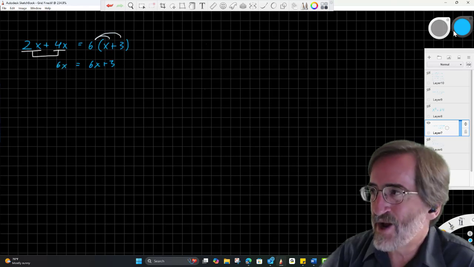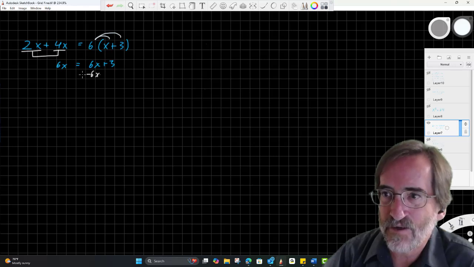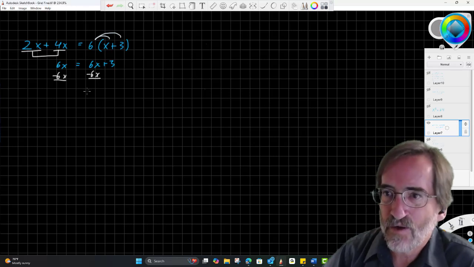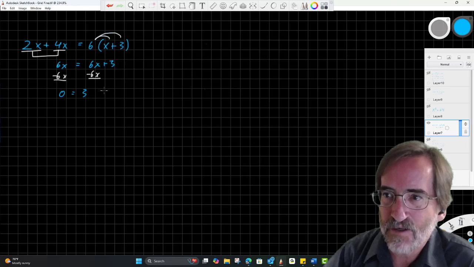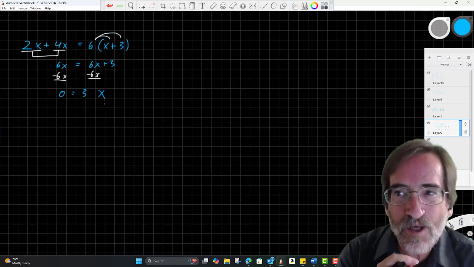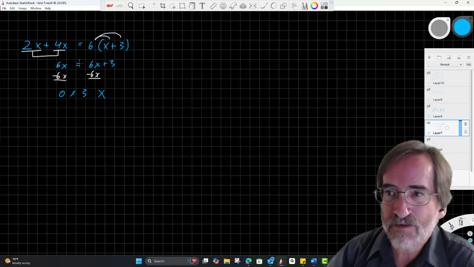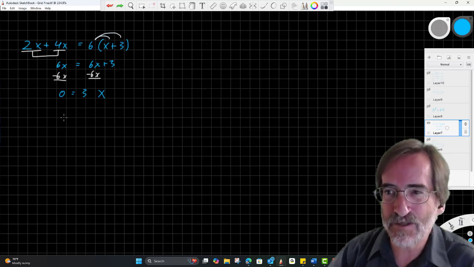And if I subtract 6x from both sides, which is a legal step here in solving equations, I get this equation. I get 0 equals 3, which is a false statement. Right? That's a false statement. That means this equation is false no matter what x is. It simply is false. And so the solution set is empty.